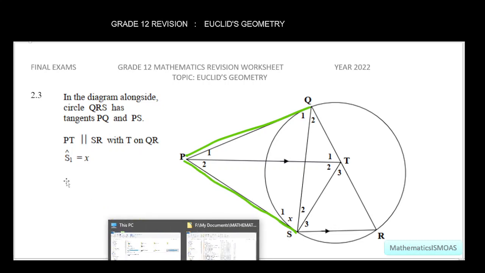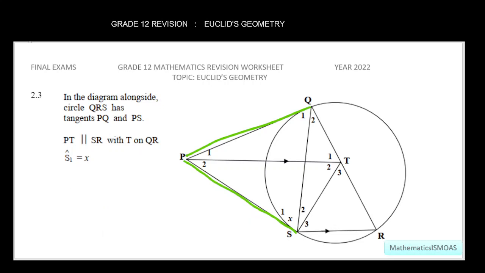Already you must be thinking about what? The theorem statement that says tangents drawn from the same point outside the circle will be equal in what? In length. Alright.